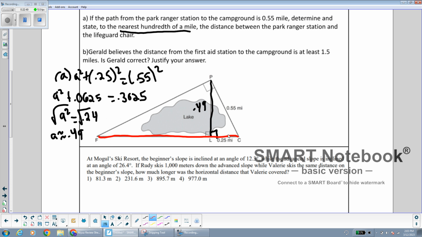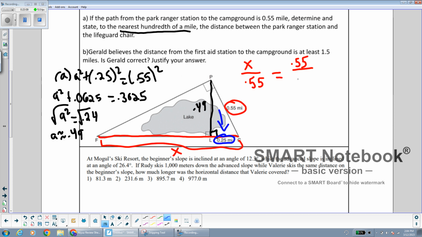So remember, the leg rule says that any leg of the big right triangle is the mean proportional between the whole hypotenuse, that's what we're looking for, so I'll call that X, and the part of the hypotenuse directly below that leg, which here would be 0.25.